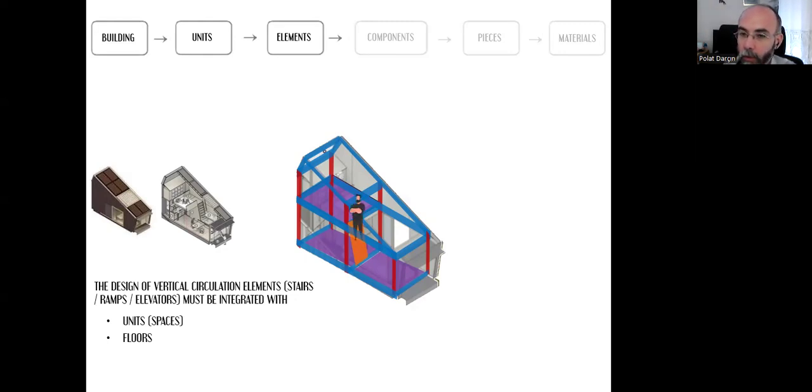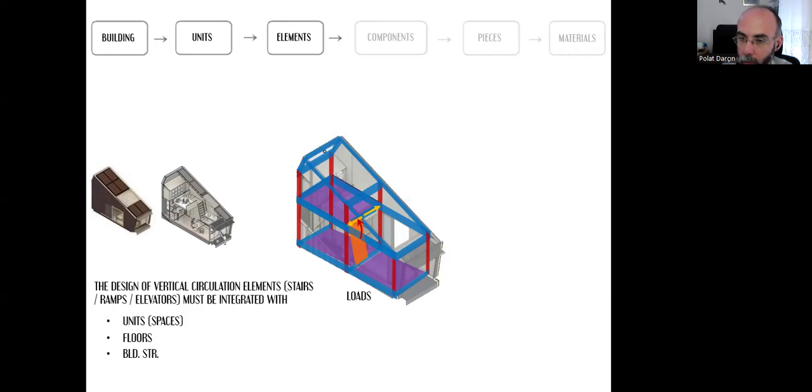And since we are going to step on these elements, we will be on these elements. We are going to carry stuff on these elements. That means we are going to create loads, and these loads need to be transferred safely to the ground, so the design of the staircase needs to be integrated with the building structure, because those loads that are applied on the stairs will be transferred to the structural system of the building, like the beams in the first floor.